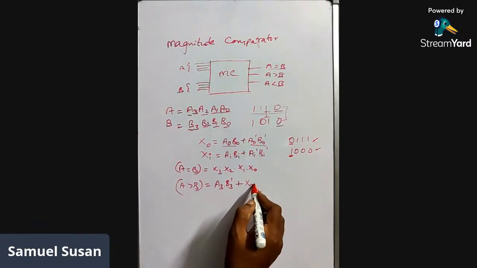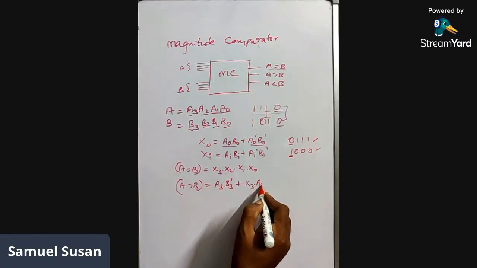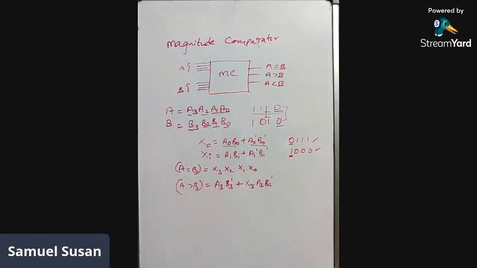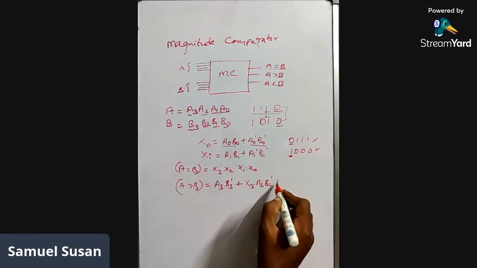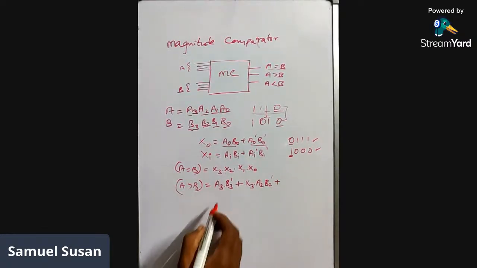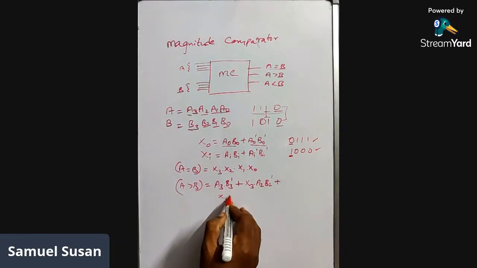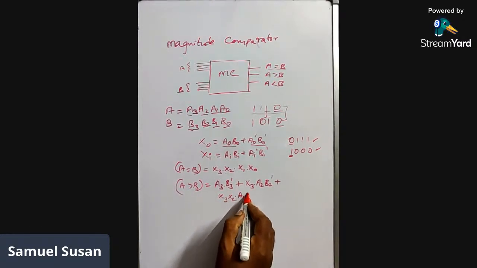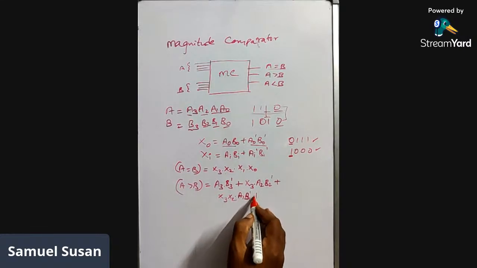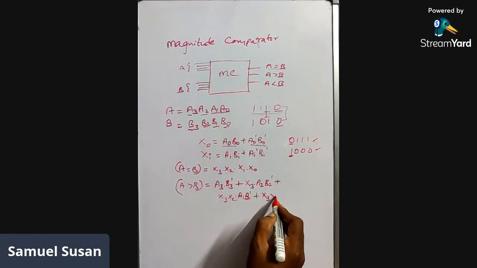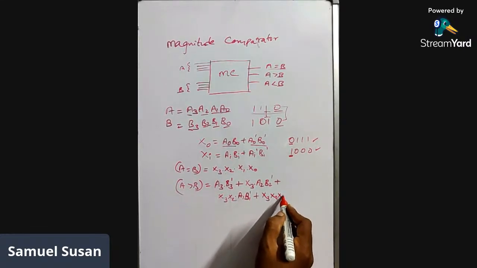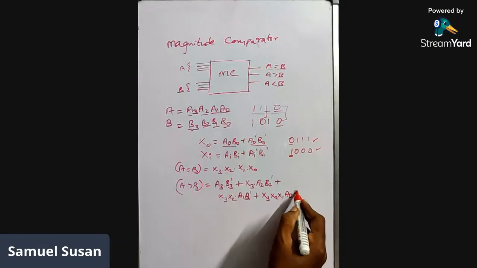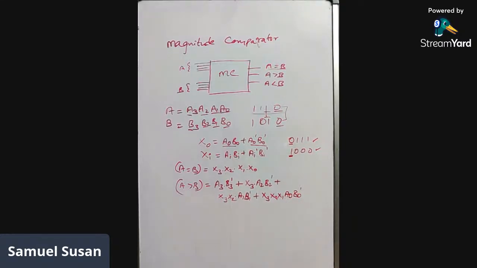If x3, then we compare the next bit, that is A2 B2'. Next, if the first two bits are same, then you write x3 x2 and compare A1 B1'. If the first, second, and third bits are same, then you compare A0 and B0'. So that will be the equation for A greater than B.